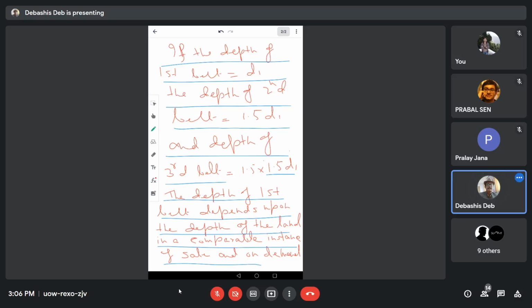This means I must obtain some information that yes, there was a transaction, a sale of land in the vicinity, and what was the rate and what is the depth of the land should be known to me. If I know that, then I can adopt that particular rate as the rate of the first belt and that particular depth as the depth of the first belt. Definitely, there should be demand for that type of land.